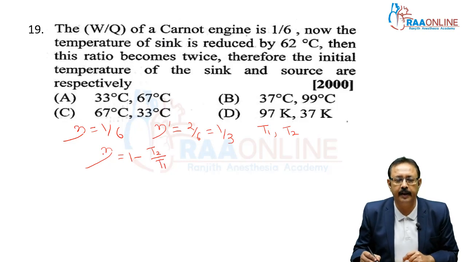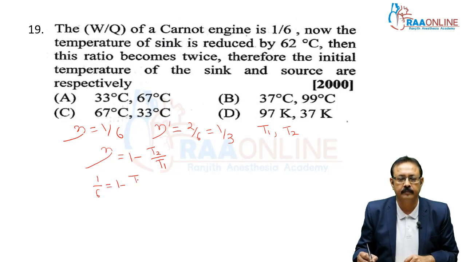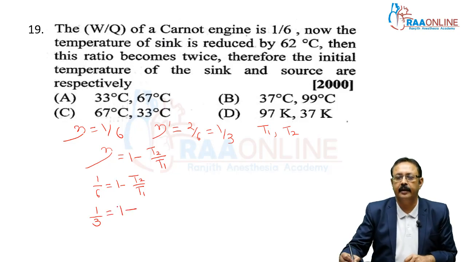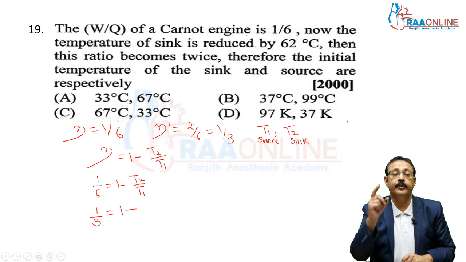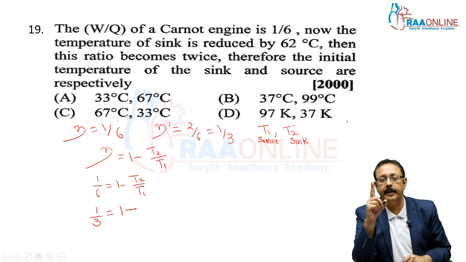What we are saying is, initially it was 1 by 6, and it will become 1 by 3 when we decrease the temperature of the sink. T1 means source and T2 means sink. We know that the change in temperature for both scales is the same.